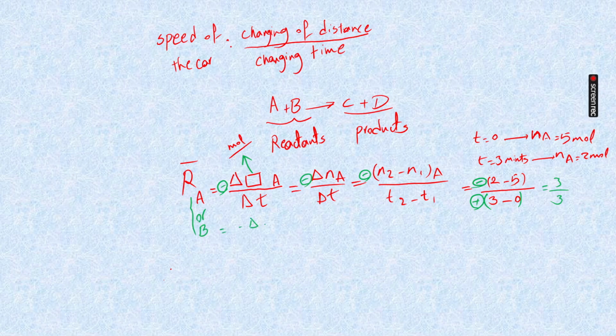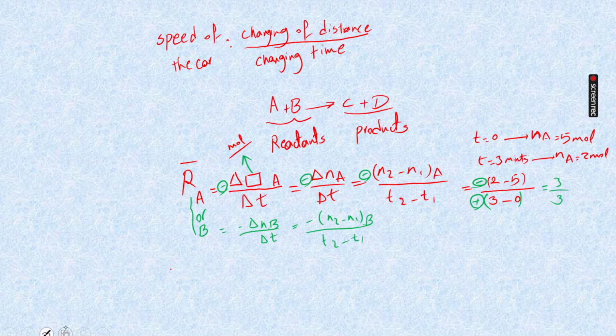For B, like this, minus delta nB over delta T. It should be minus n2 minus n1 for B over T2 minus T1.